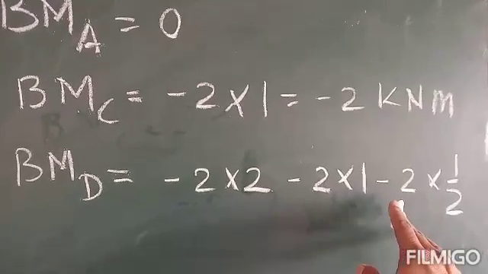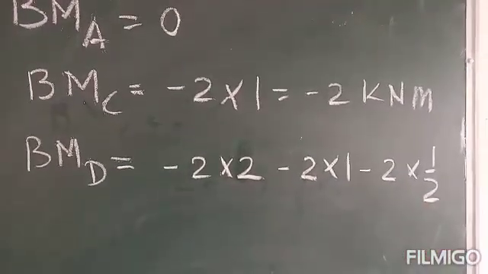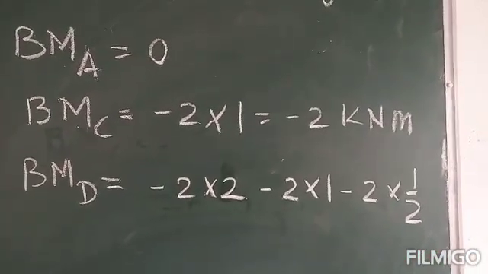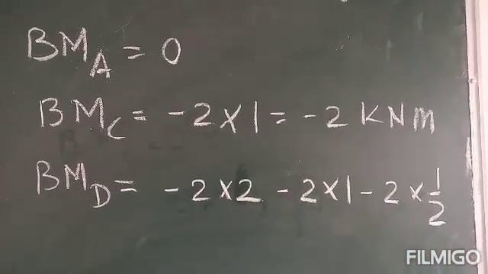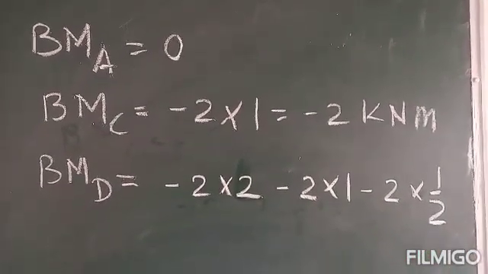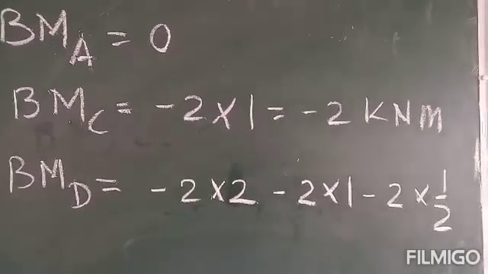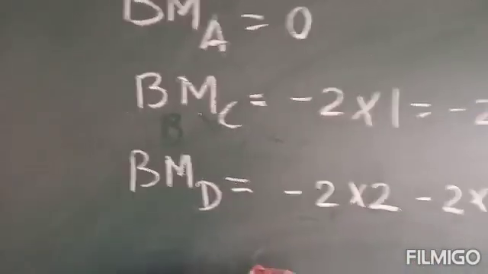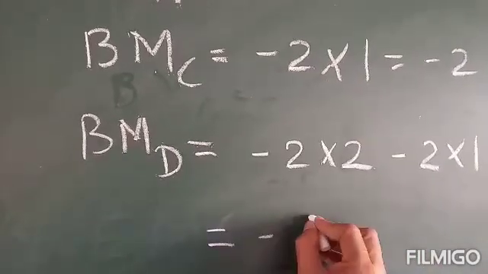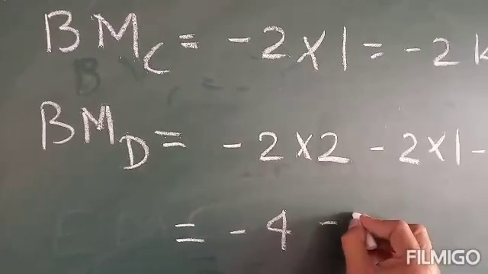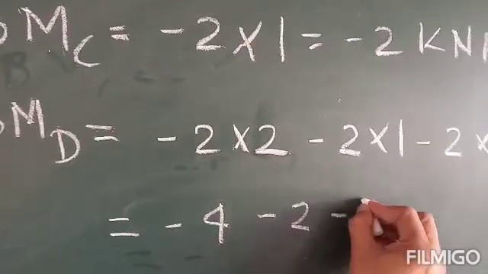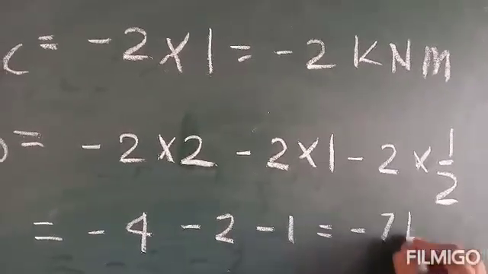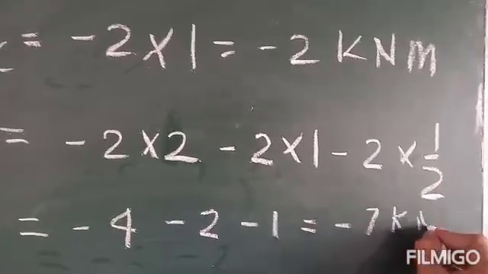Then again for the UDL of 2 kilonewton per meter over this length of 1 meter between C and D, this acts at the half center, so that is -2 into half. So this comes -4, -2 and -1. This total is -7 kilonewton meter.